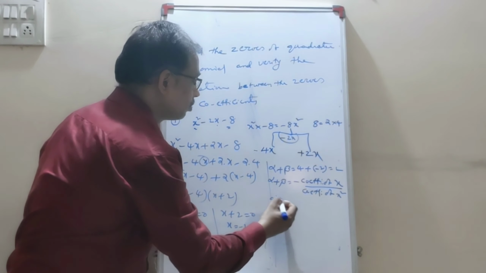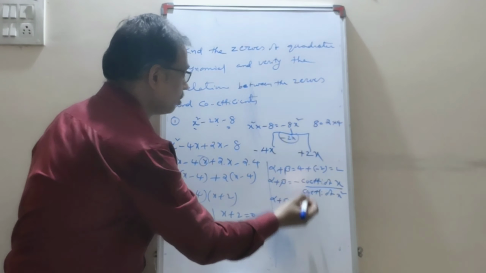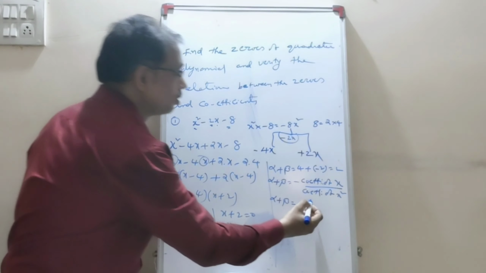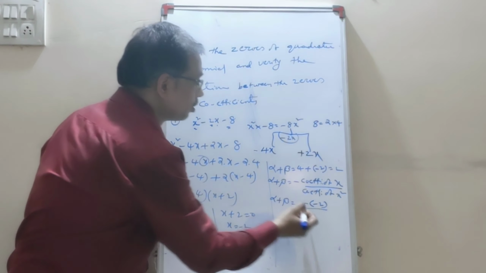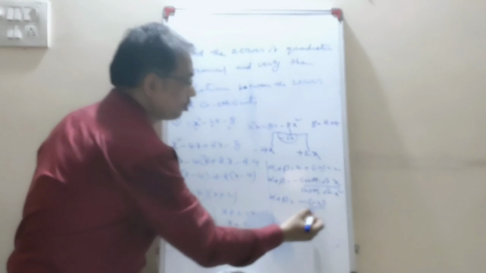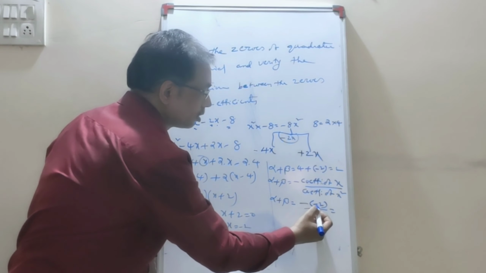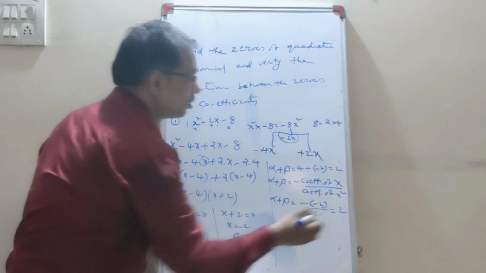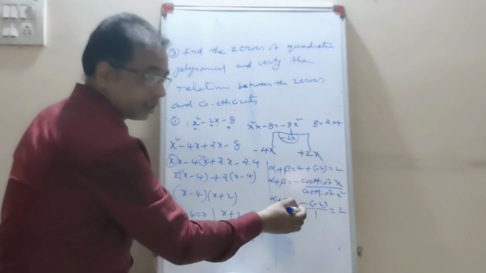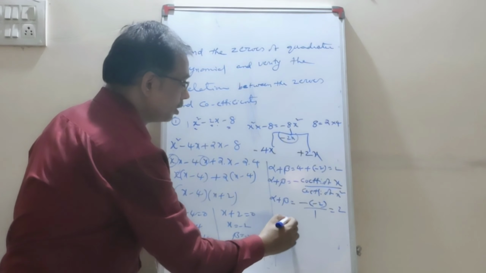Here alpha plus beta equals coefficient of x, which is minus 2, so minus of minus 2, coefficient of x square is 1. So minus of minus 2 is plus 2. 2 by 1 is 2. So it is verified.